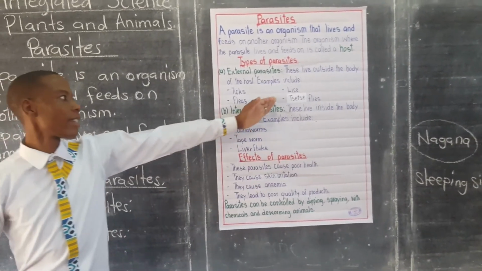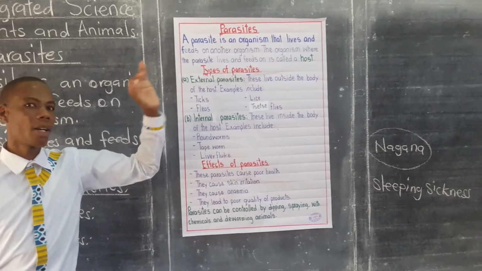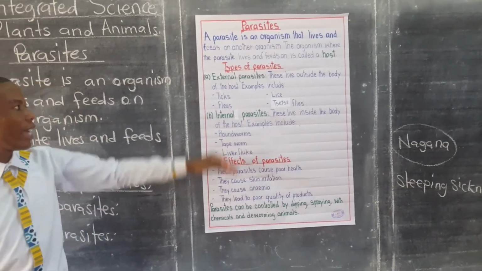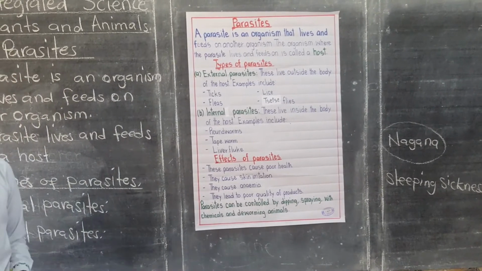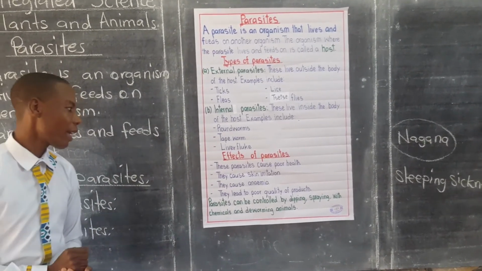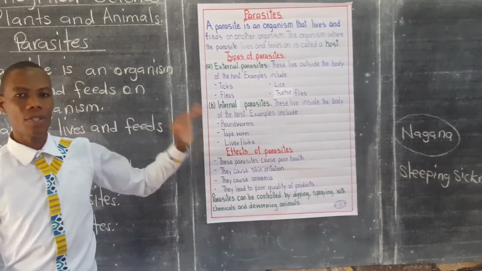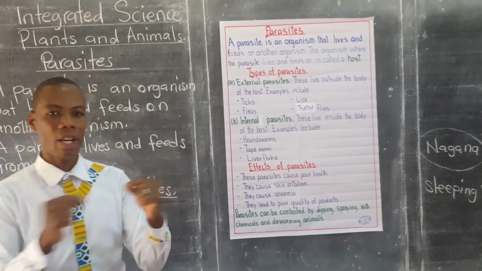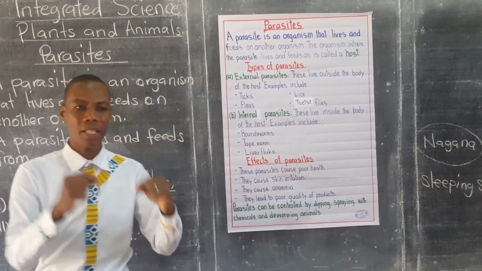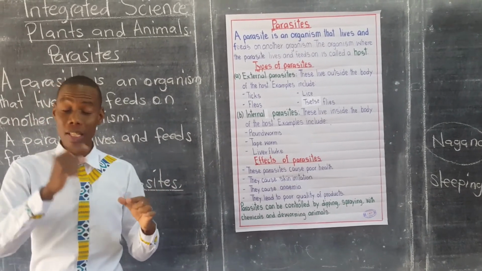Take for instance, you have lice. You are going to experience poor health. Why? Because the lice will keep on feeding on you. Apart from that, they cause skin irritation. How do they do that? We are saying they are always biting and sucking blood. So those bites will irritate your skin.